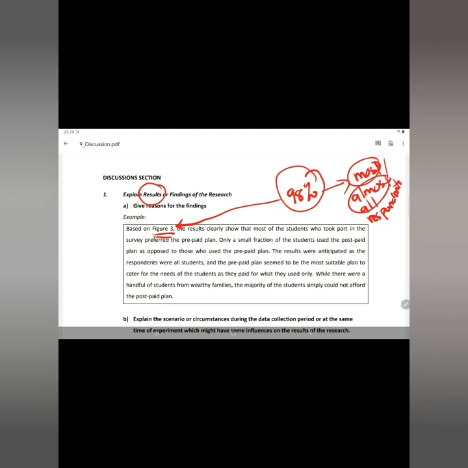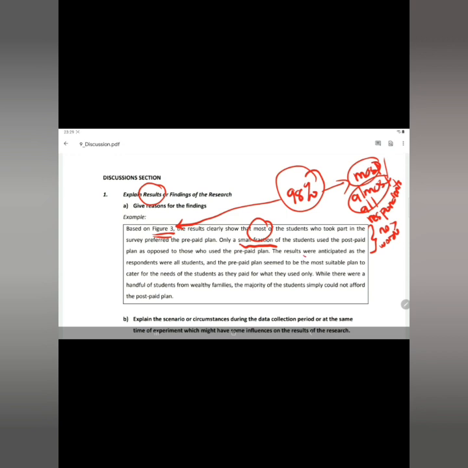For example, like this: based on figure 3, the results clearly show that most of the students who took part in the survey preferred prepaid plan. Only a small fraction use postpaid plan as opposed to those who use prepaid plan. So from here you can see they exchange numbers with words. Do you understand? Okay, let's continue.